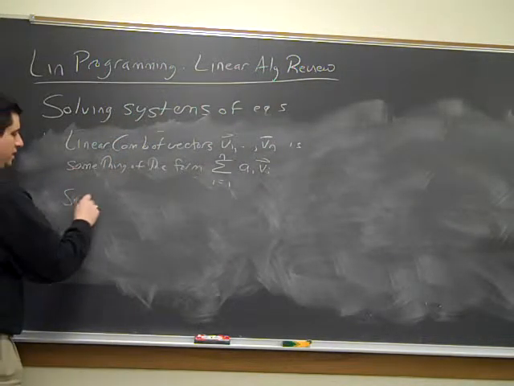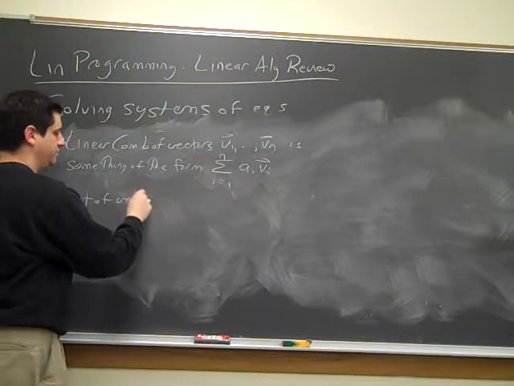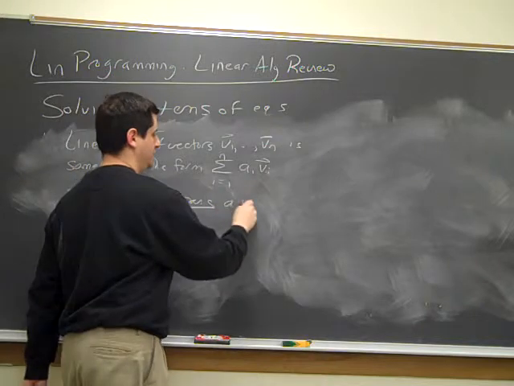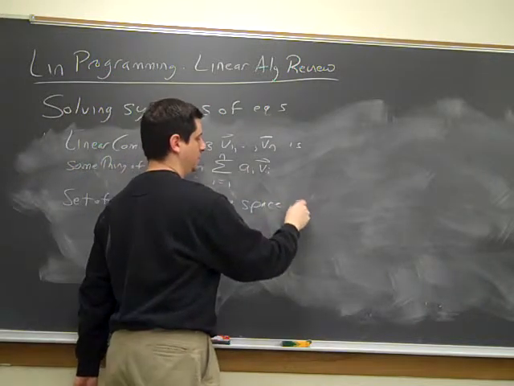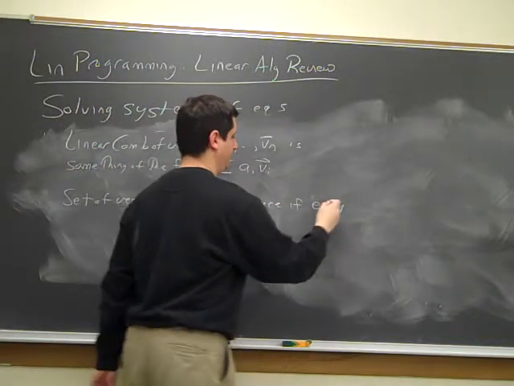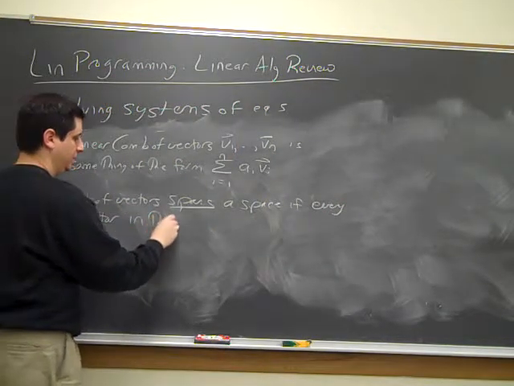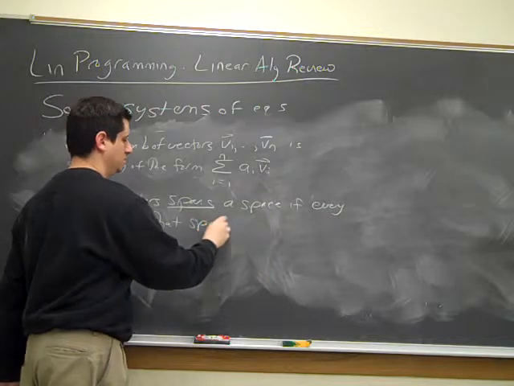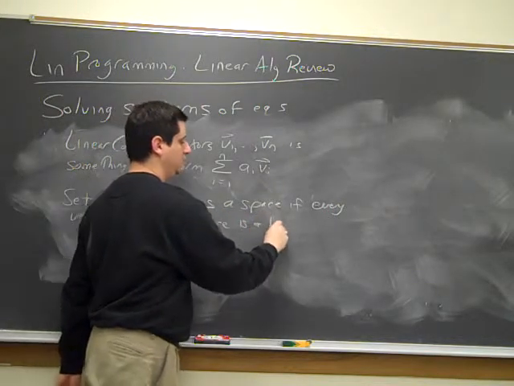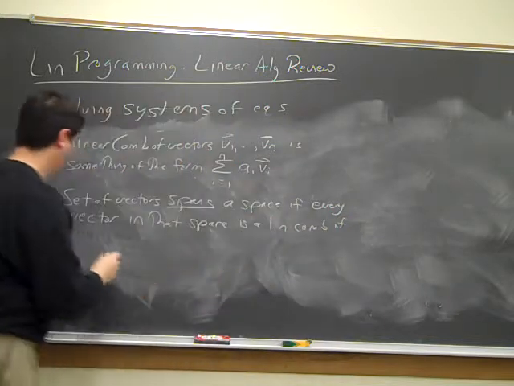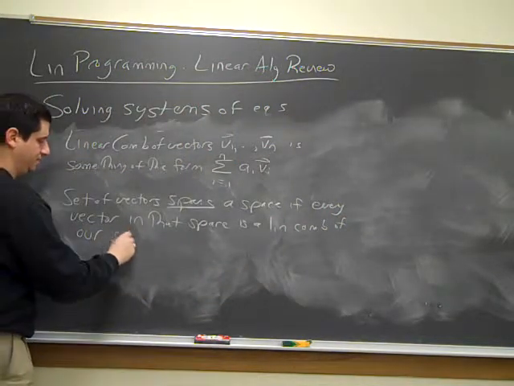So a set of vectors spans a space if every vector in that space is a linear combination of a set of vectors.